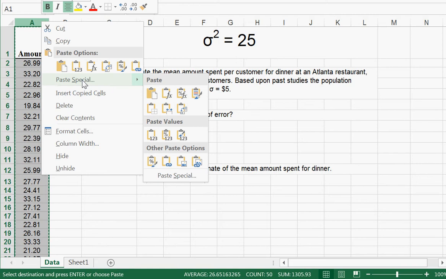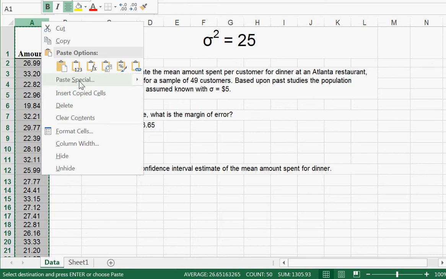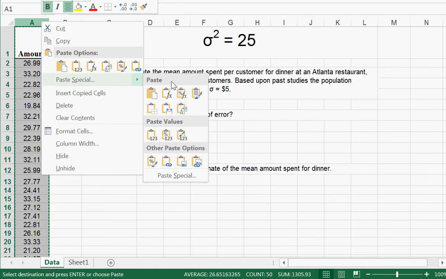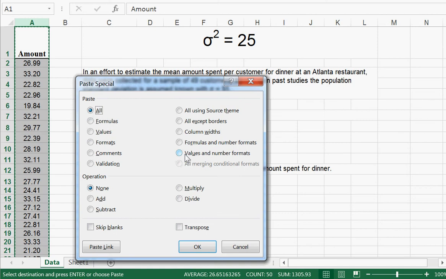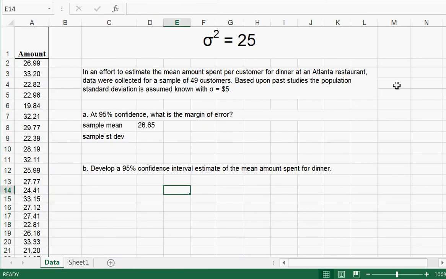Nerdy PCs, you can just do that. But for a Mac, you have to pick Paste Special, and then probably come down here and do values. You want to paste the things back as values. Okay, so now when I hit F9, what happens?